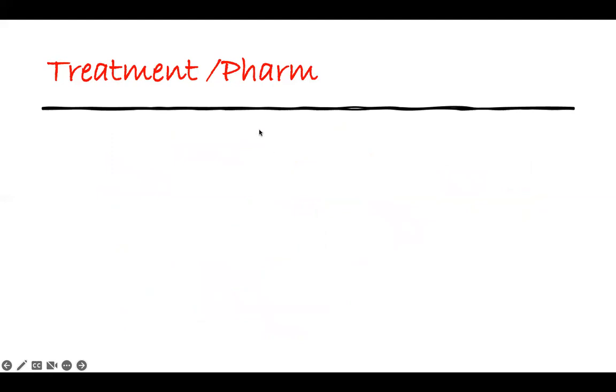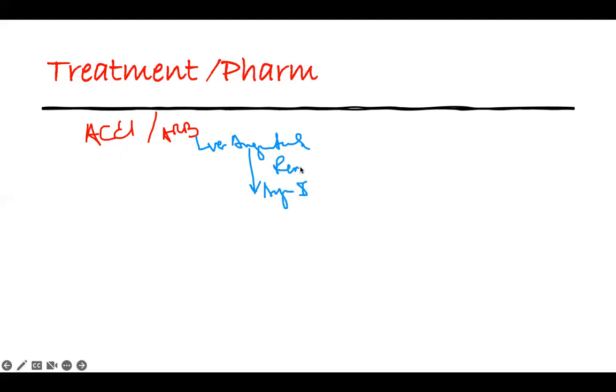The other medication we talk about is ACE inhibitors and ARBs. This is very interesting, so pay attention a little bit. In our body, we have something we call angiotensinogen. This angiotensinogen is made in the liver, and it goes to the kidney and is converted into angiotensin 1 by renin in the kidney.